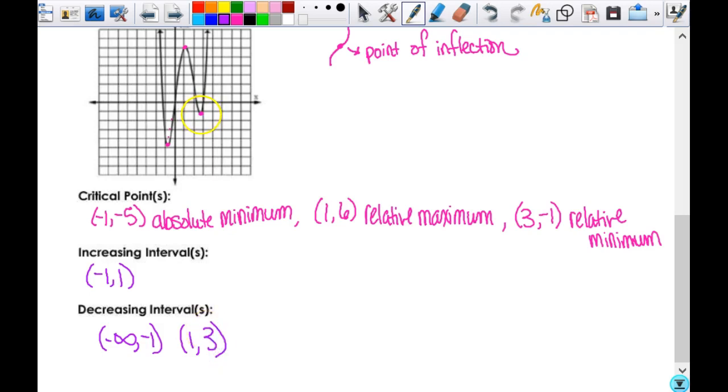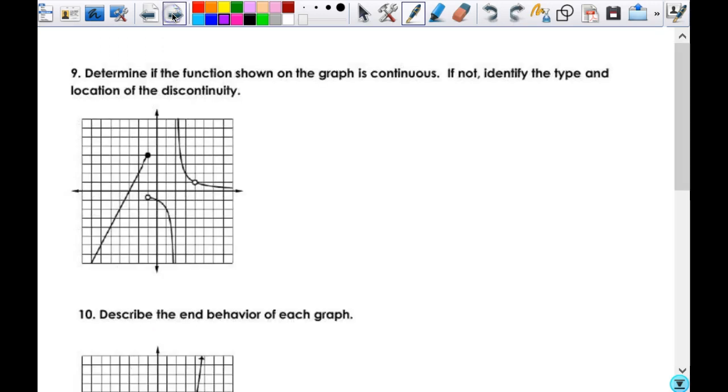Then it turns around and it starts increasing again from 3 to infinity. A couple of things to note for increasing and decreasing intervals: never have brackets. They're always parentheses, and there's no union either. Okay, these are my two increasing intervals. These are my two decreasing intervals.